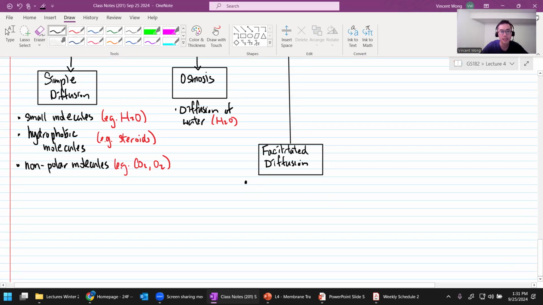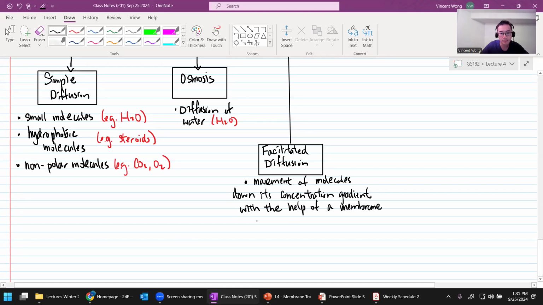Facilitated diffusion would be movement of molecules down its concentration gradient with the help of a membrane protein.